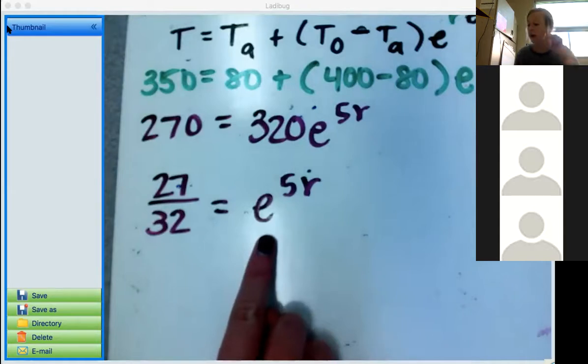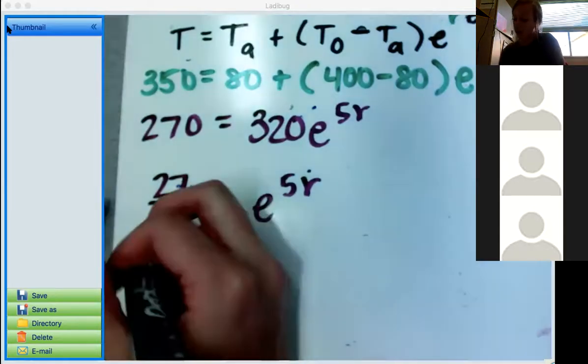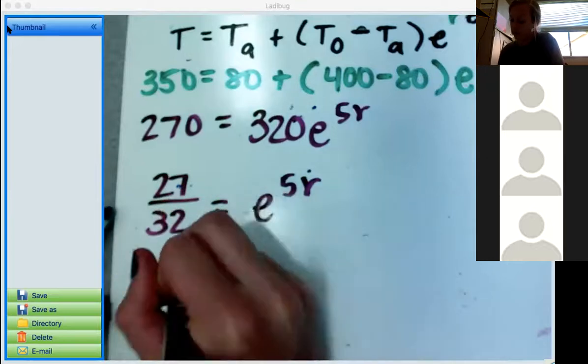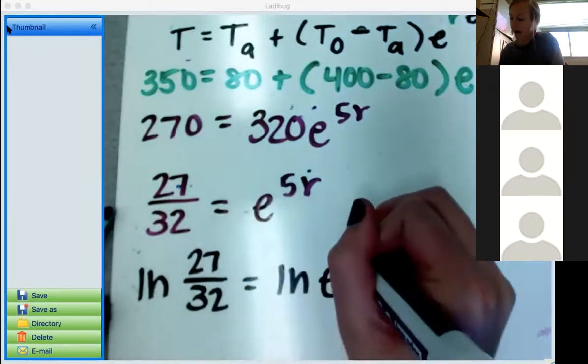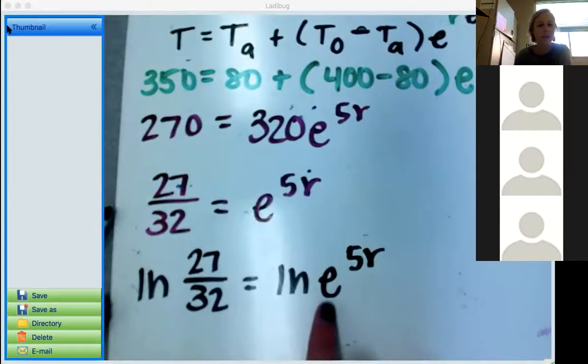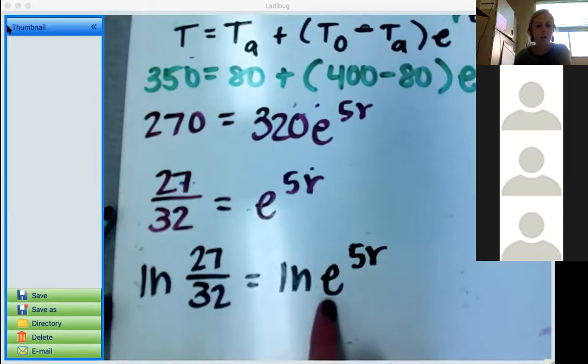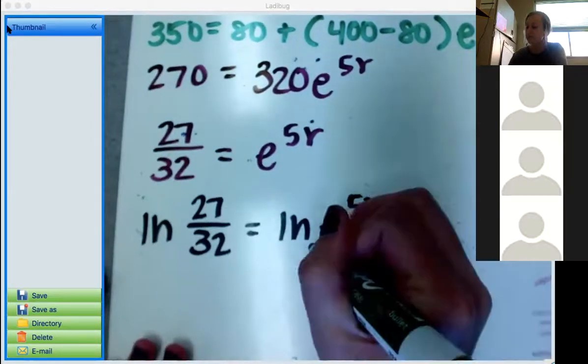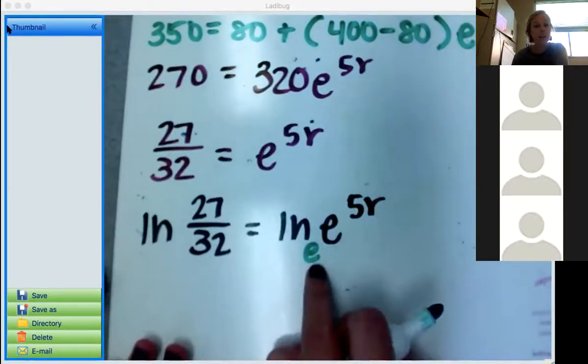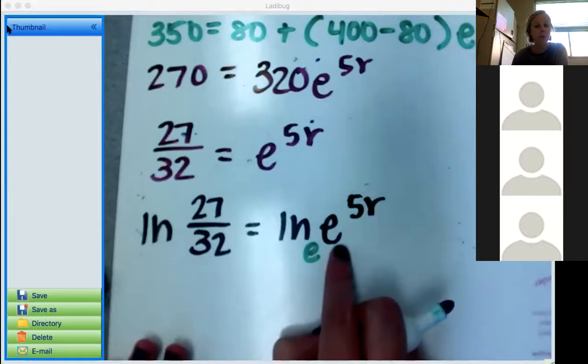Of both sides. Okay. So if you take the natural log of both sides, what happens when I have the natural log of e? It cancels out. Okay, good. Tell me why, because you are right. Because the natural base is e. Remember your identity property when we did your properties of logs?